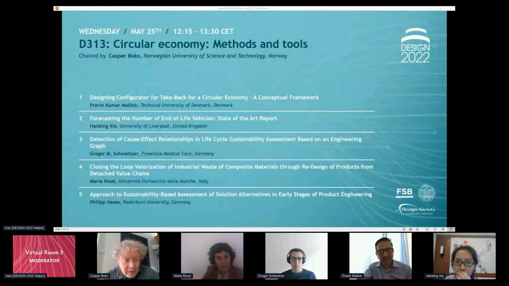The fourth presenter today is Marta Rossi from the University Politecnica delle Marche in Italy, and she's a research fellow in the Design and Methods group of the Department of Industrial Engineering and Mathematical Sciences at that university. Her research is about eco-design and environmental sustainability, and she will talk about closing the loop valorization of industrial waste of composite materials through redesign of products from detached value chains.